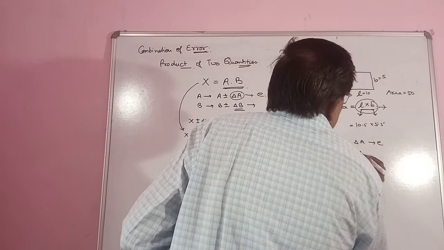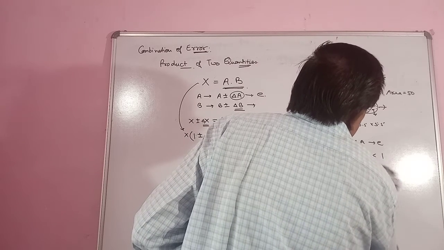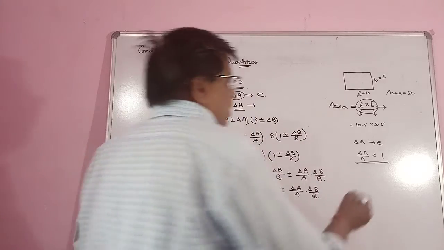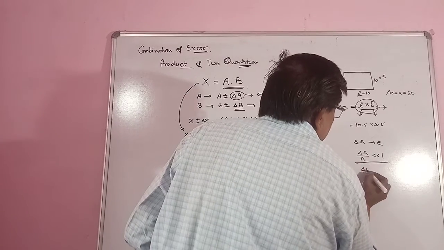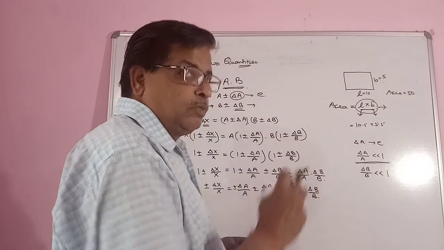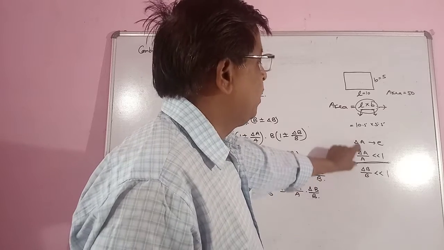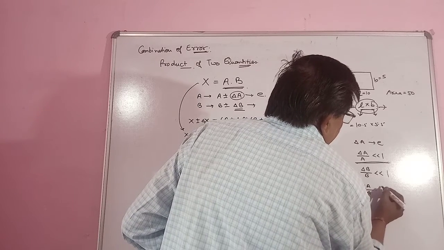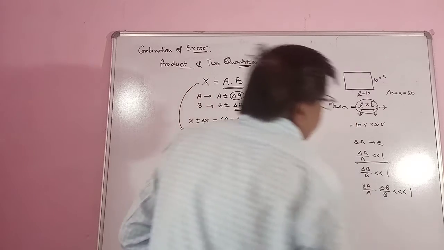So delta A upon A is very small, very much less than 1. In the same way, delta B upon B is also very much smaller than 1. So when we multiply these two terms, delta A upon A into delta B upon B, what will happen?